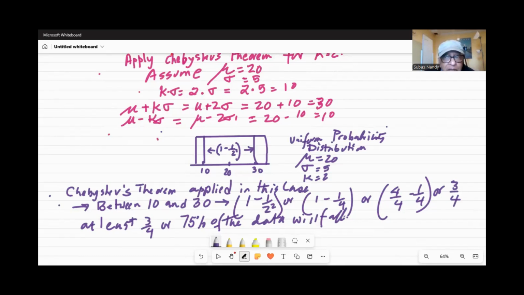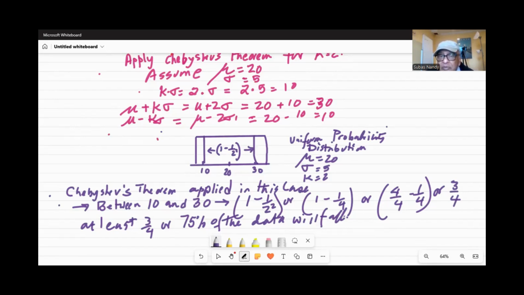You know the mean; from the mean subtract 2 standard deviations, and to the mean add 2 standard deviations. In this case, the mean was 20, standard deviation was 5, and k is 2. So you get two limits: on the left is 10, on the right is 30. Draw two vertical lines.